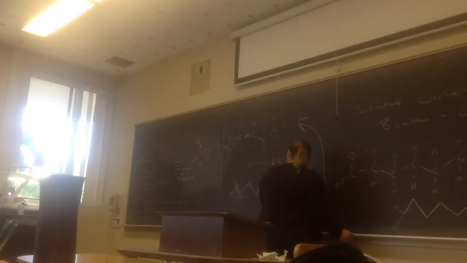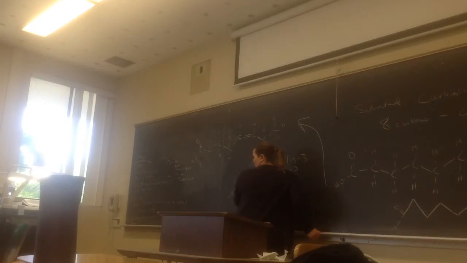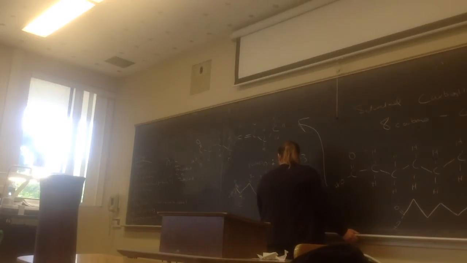Okay, so now here's the omega version, right? So the alpha carbon was this one, but we start numbering here. This is 1 omega, 2 omega, 3 omega, 4 omega, 5 omega, 6 omega, 7 omega, 8 omega.